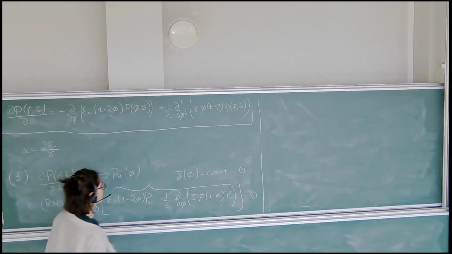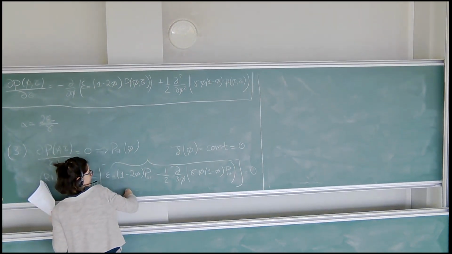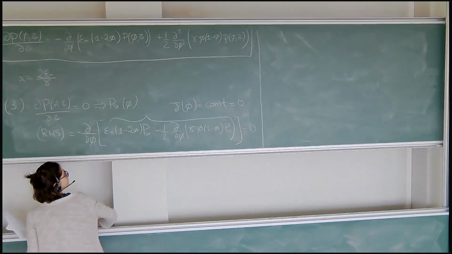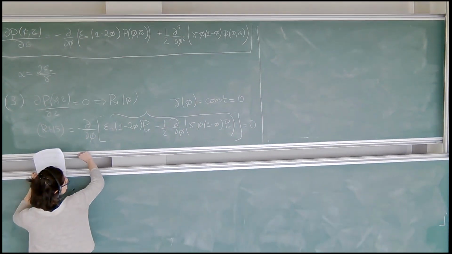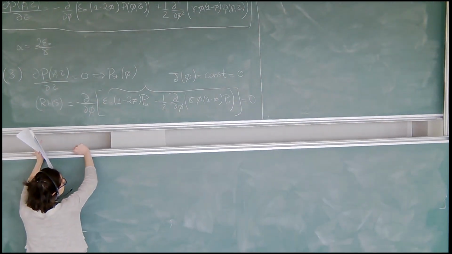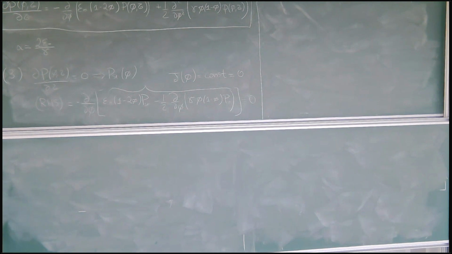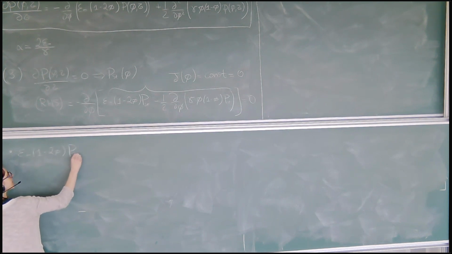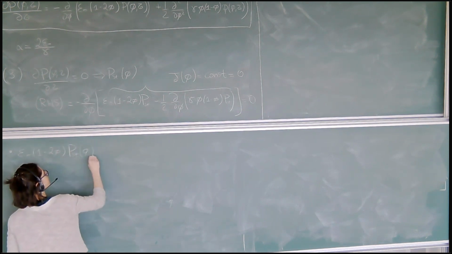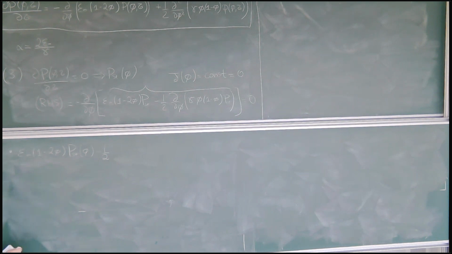So this now gives a linear differential equation for our p that I rewrite and that we can solve in 3 steps. So we have epsilon 0, 1 minus 2 phi p stationary of phi minus 1/2.